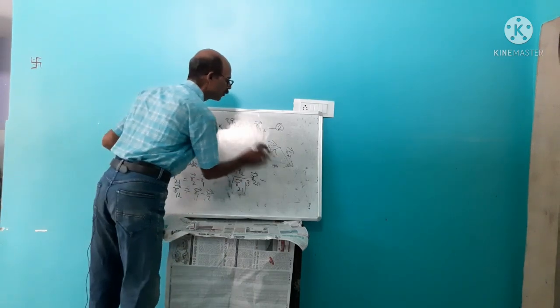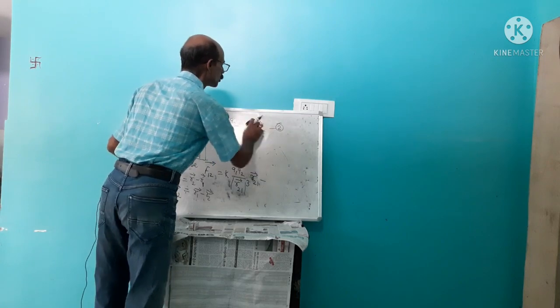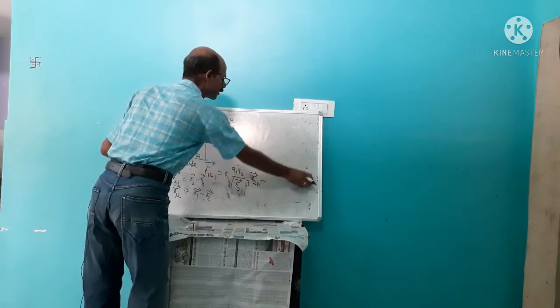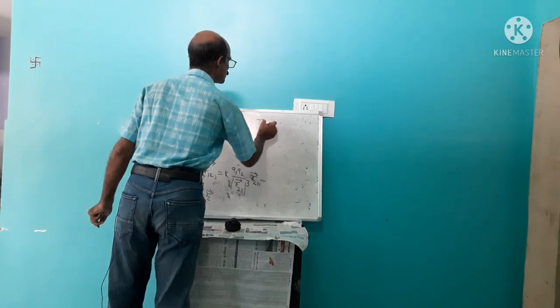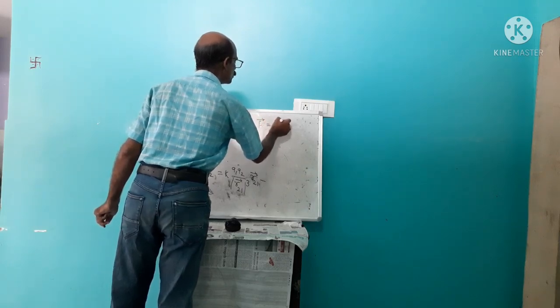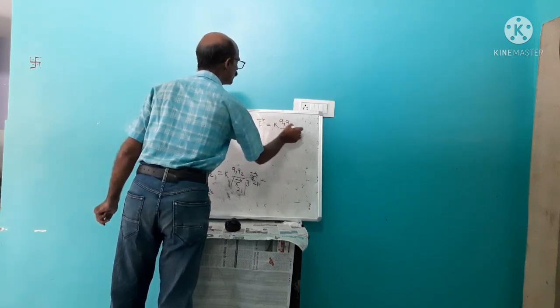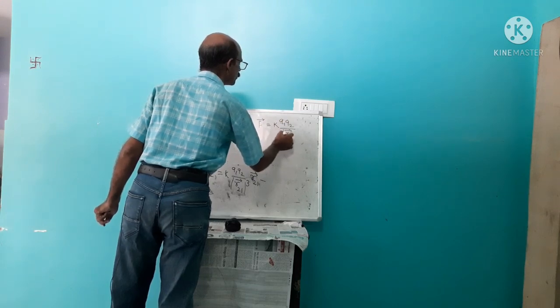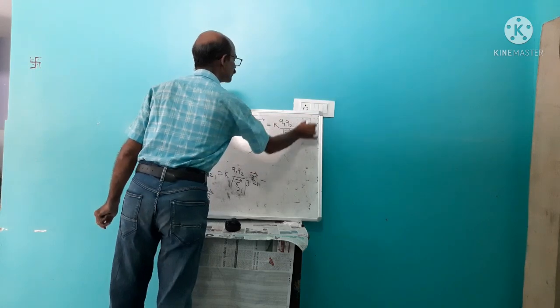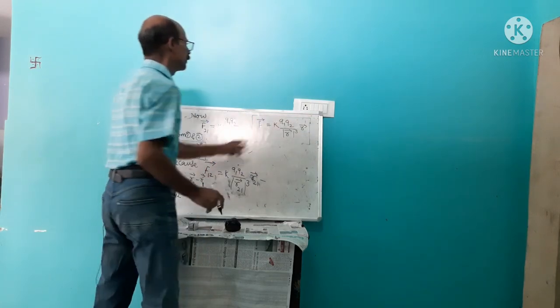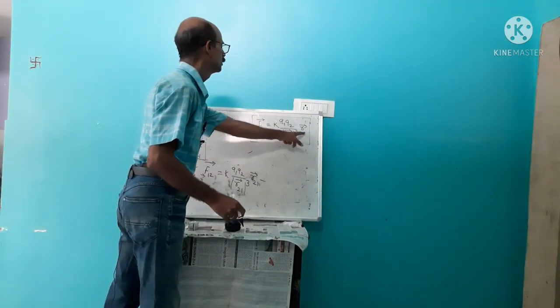So in general form, we can write Coulomb's law in vector form. Vector F is equal to K into q1 q2 by magnitude of r cube into vector r. This is vector form of Coulomb's law. If it is F12, it is F21, this is this.